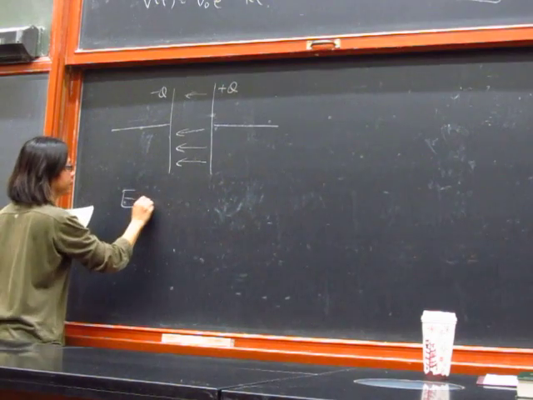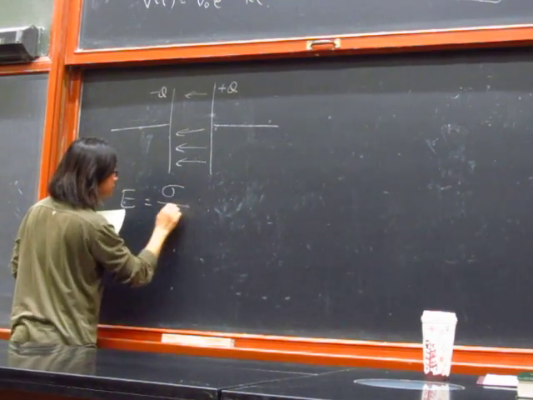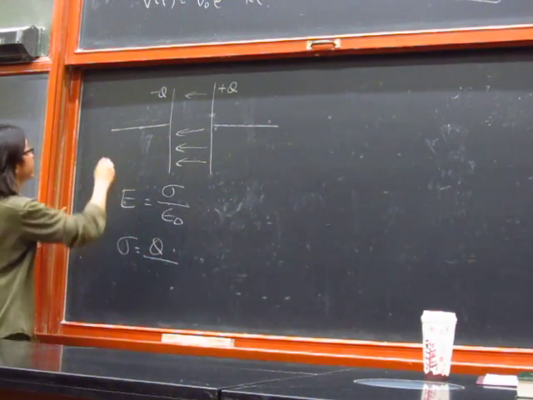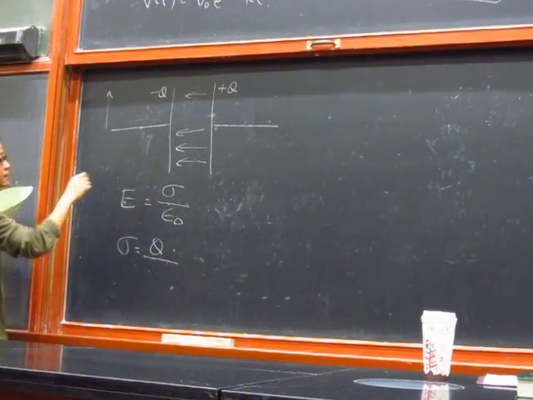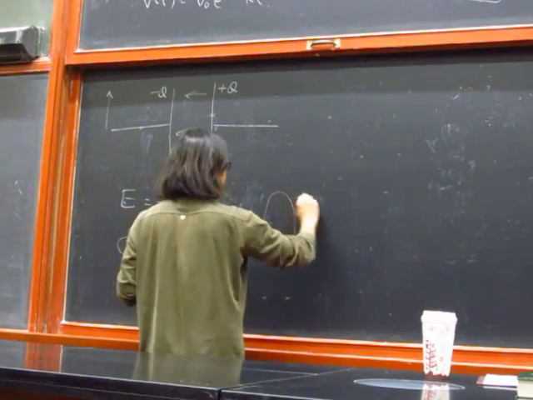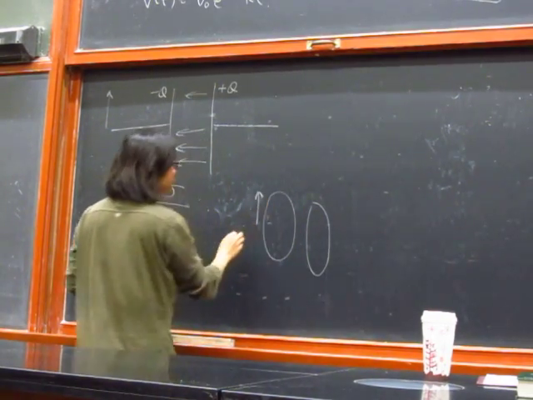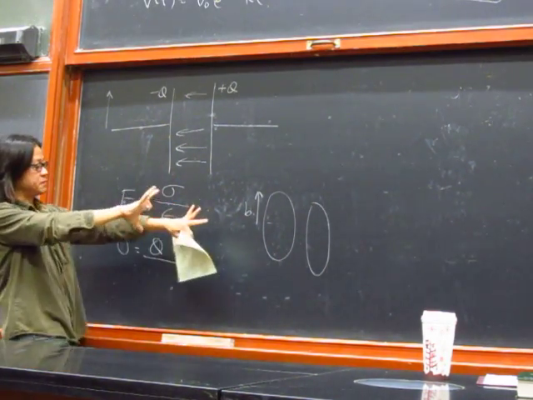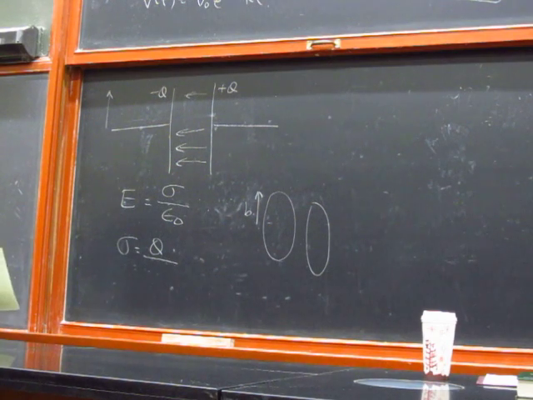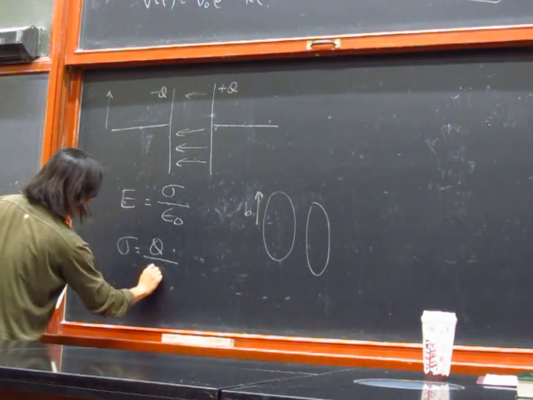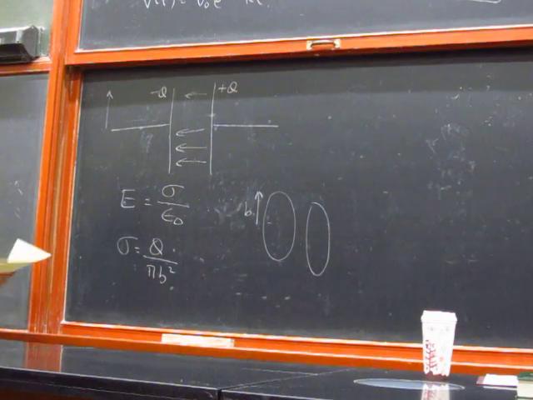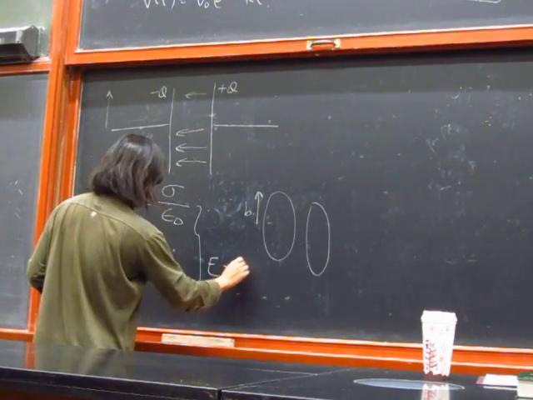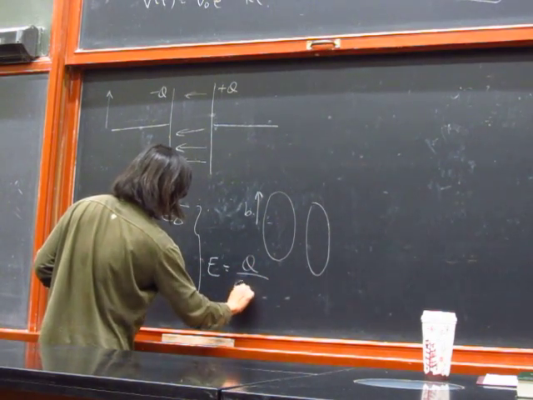And the electric field is given by sigma over epsilon naught. And sigma is just Q divided by the area. Let's consider the capacitor to be two disks like that, of radius b, say. I'm just drawing in perspective. Sigma is Q over pi b squared. So the electric field then is Q over epsilon naught pi b squared.